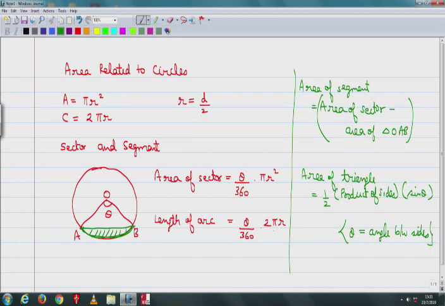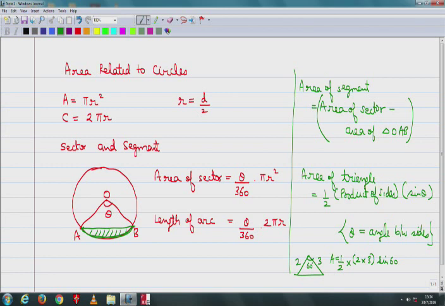For example, if we have a triangle like this, where this angle is 60 degrees, this side is 2 and this is 3, and we have to find the area of the triangle, the area is half into the product of these two sides, which is 2 into 3, into sine of the angle between them, which is sine of 60 degrees. So this will be the area of the triangle. These were the things we studied in the last class, right?